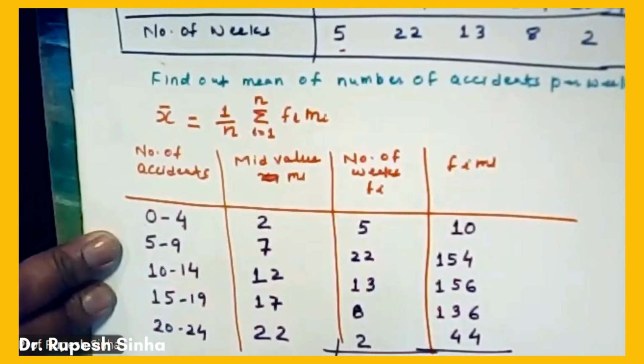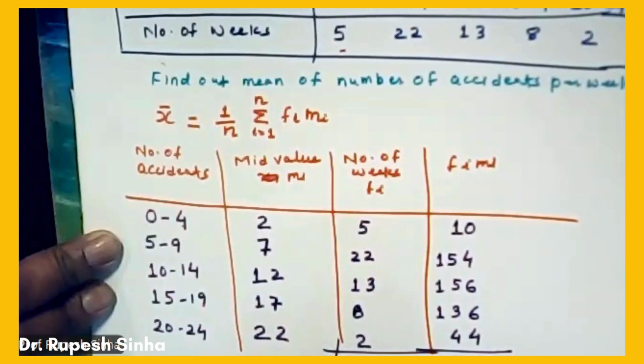Now put everything into this formula. X bar equal to what? 1 by n into summation of fi xi, right? That was our formula, is equal to 1 by n. N we got as 50 into 500. So we are getting 10.